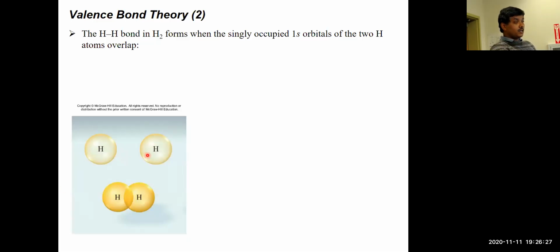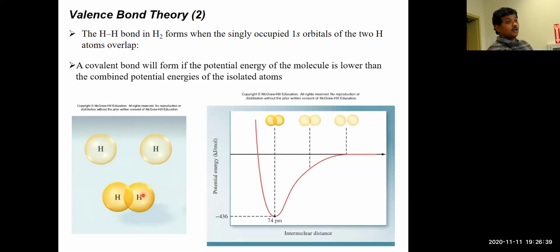Let's see here, we are discussing the example of the stability of single hydrogen atoms compared to hydrogen atoms that made a bond by overlapping their atomic orbitals. Here, you can see the approximate energy for the single hydrogen atoms that were not bonded together. In comparison, the hydrogen atoms that were bonded together have negative 436 kilojoules per mole of potential energy.